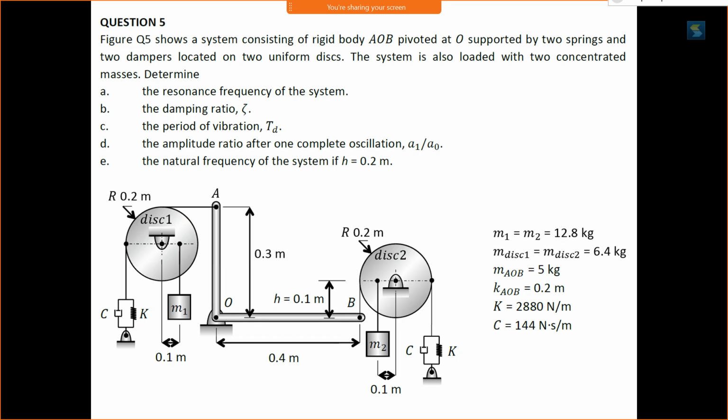This system is also loaded with 2 concentrated masses, and then determine resonant frequency of this system.